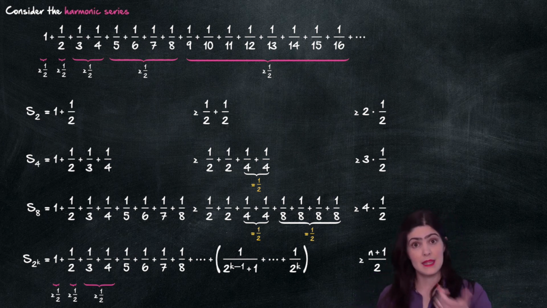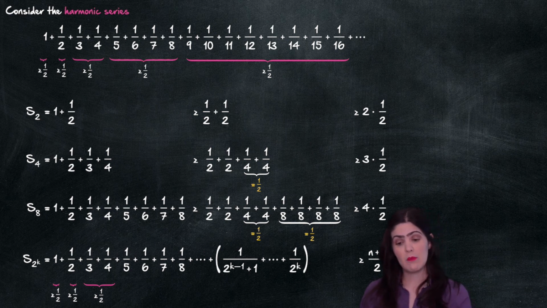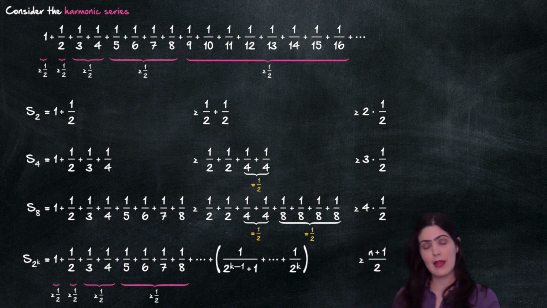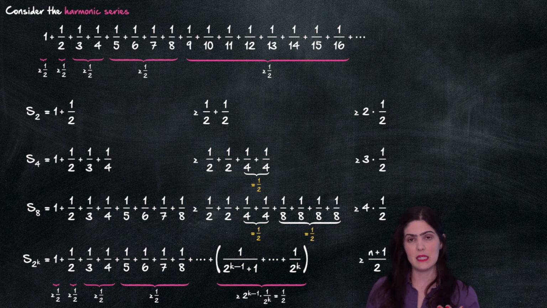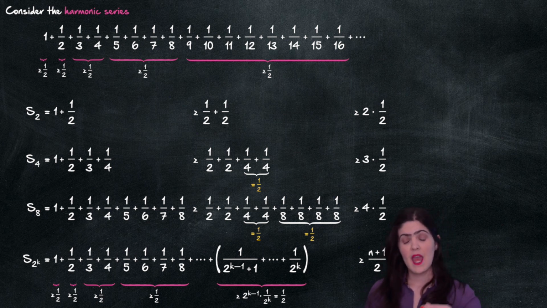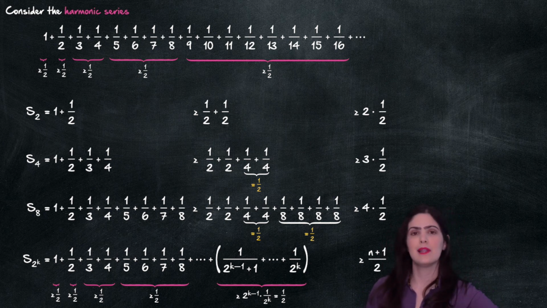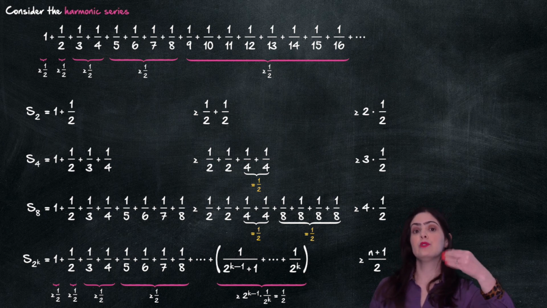The sum of 1 over 3 and 1 over 4 will make a 1/2 contribution. Then the sum of the next 4 terms will give us another 1/2 contribution. Then in this last bit, we have 2^(k-1) terms, and each one is greater than or equal to 1 over 2^k.